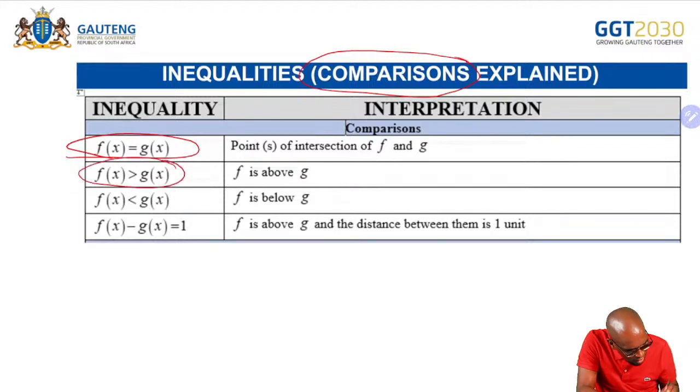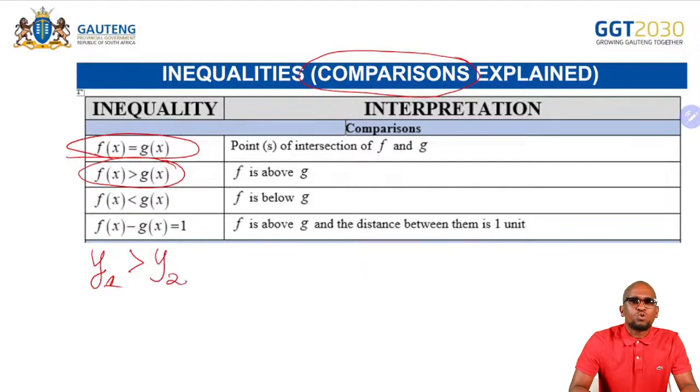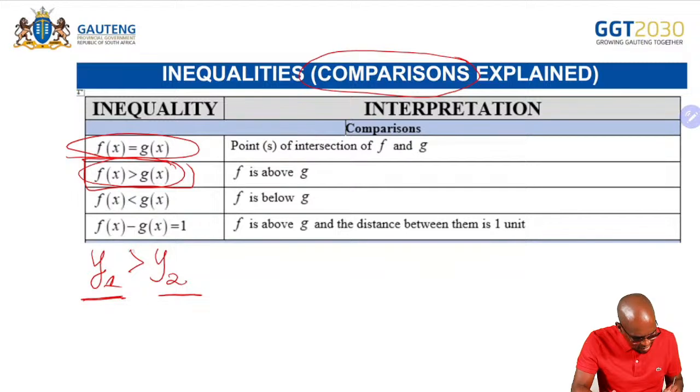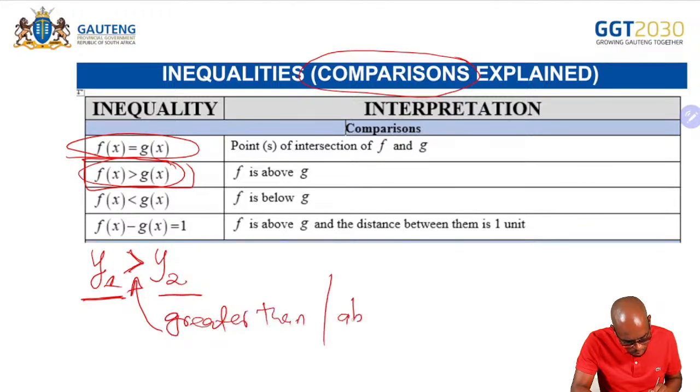F of x above g of x. So they are saying the y value of graph 1 is greater than the y value of graph 2. That is what it means. But because we name functions using functional notation, f of x and g of x, we are going to call y of graph 1 f of x, y of graph 2 g of x, and this means greater than, or above.